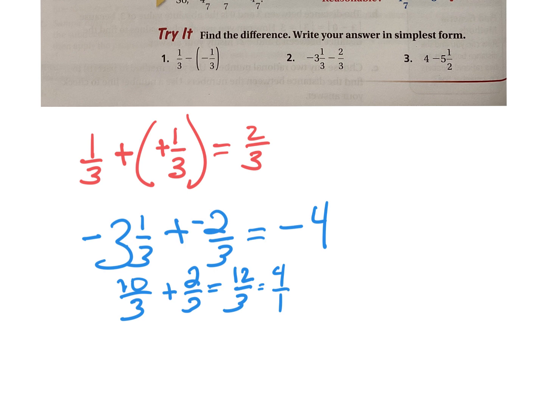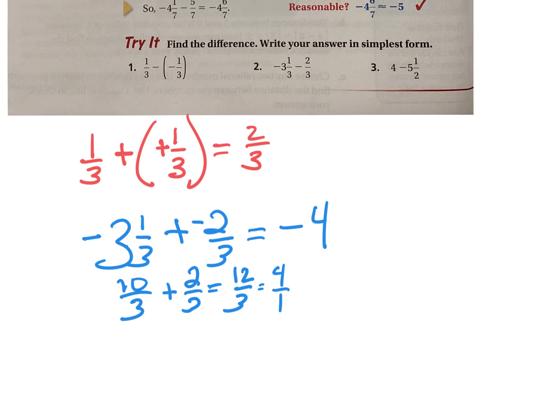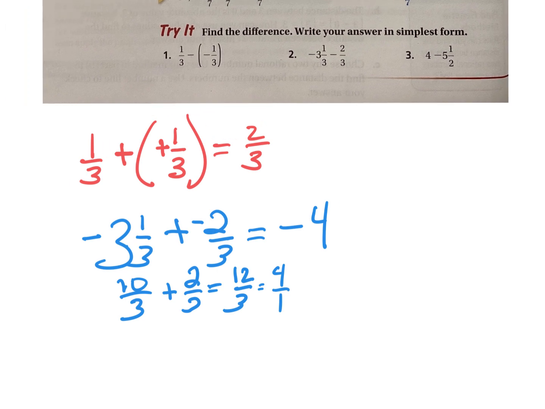Let's do one more. 4 minus 5 and 1/2. So I'm going to add the opposite. Now there are different signs: I have a positive 4 and a negative 5.5. I want to figure out the absolute values: this is 4, this is 5.5.